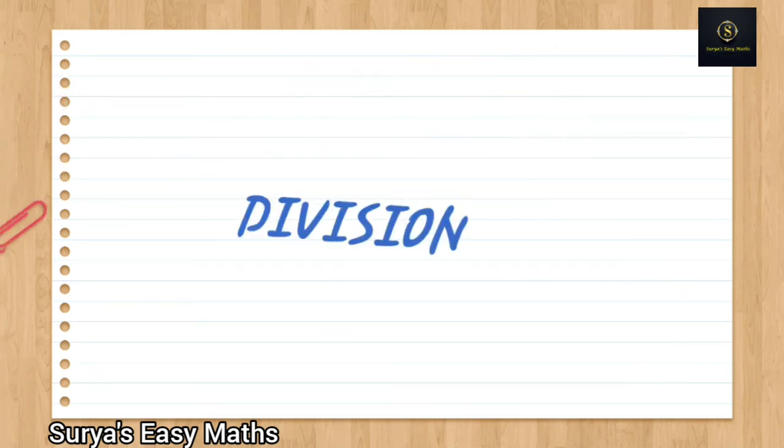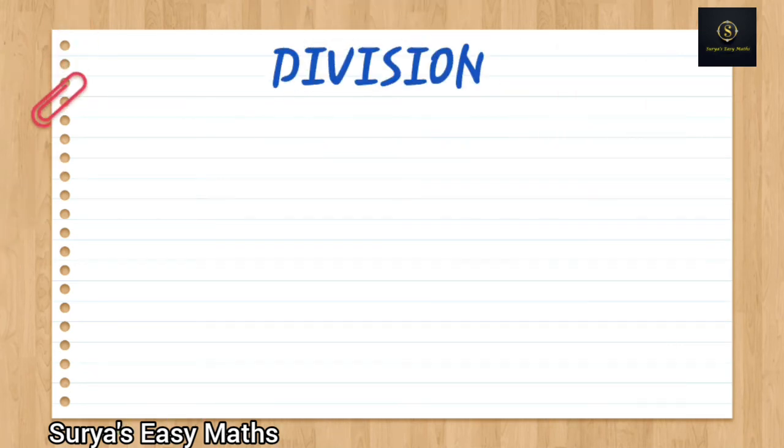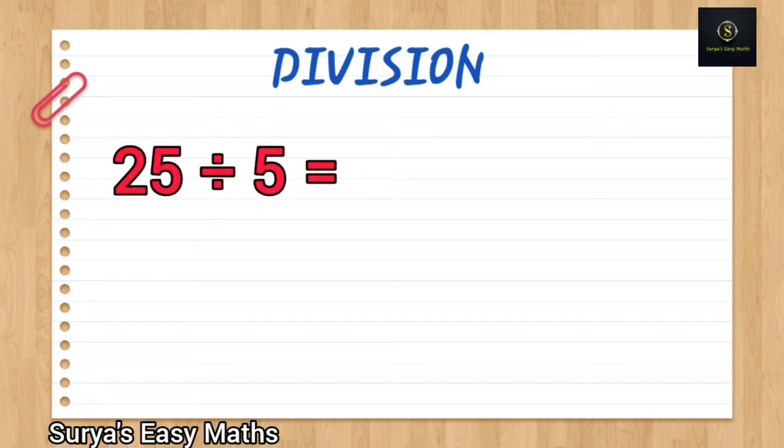Now, let's see one more example. That is 25 divided by 5 is equal to what? So children, which table are we going to see? Yes, we are going to see the table of 5. So in the table of 5, when does 25 come?